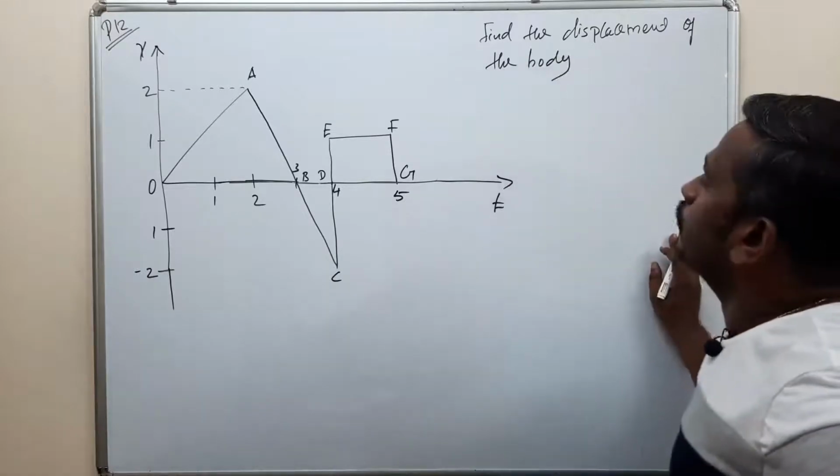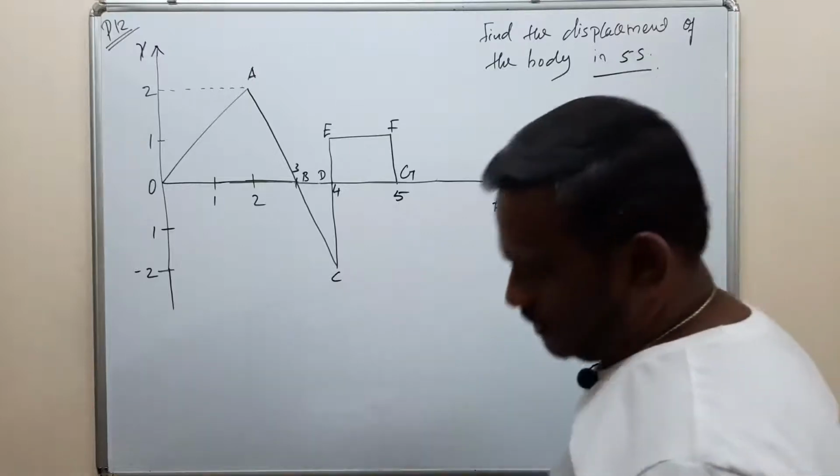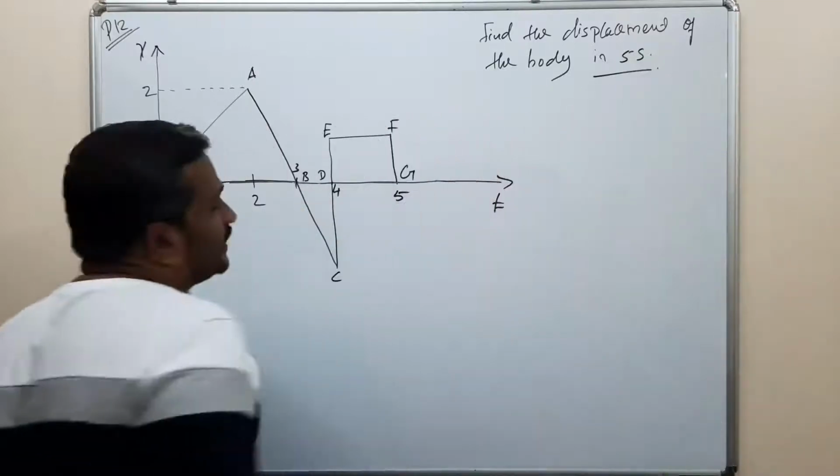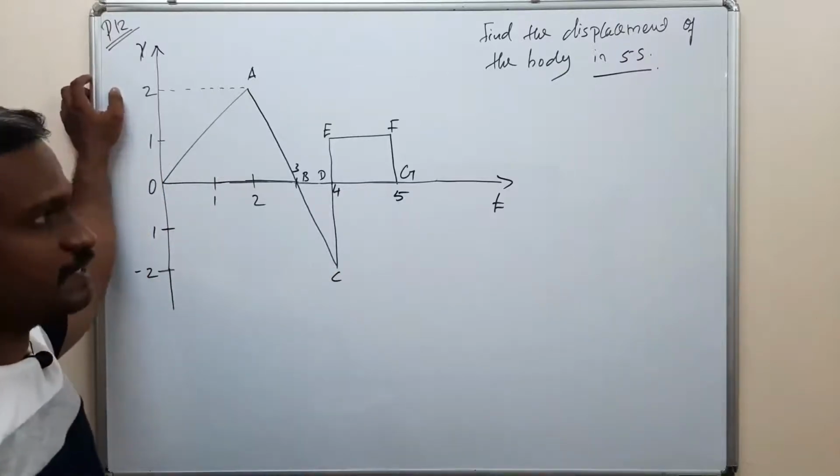Find the displacement of the body in 5 seconds. So we know that the area under the velocity time graph gives the displacement.